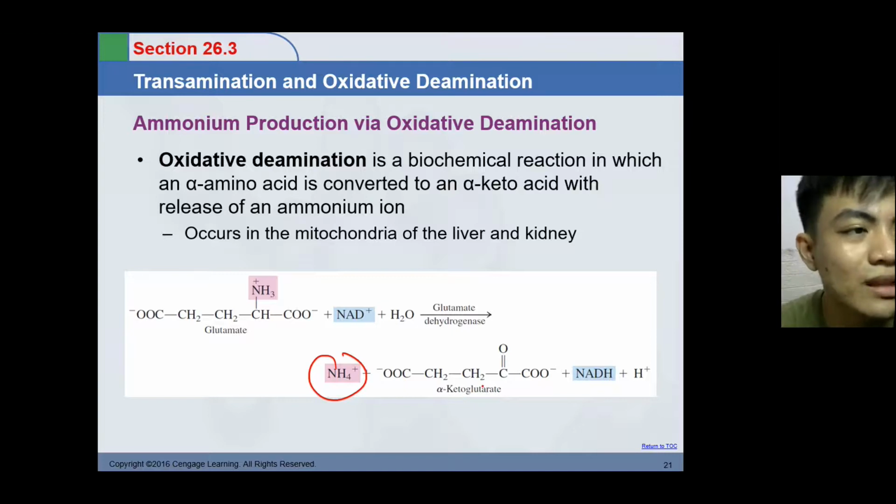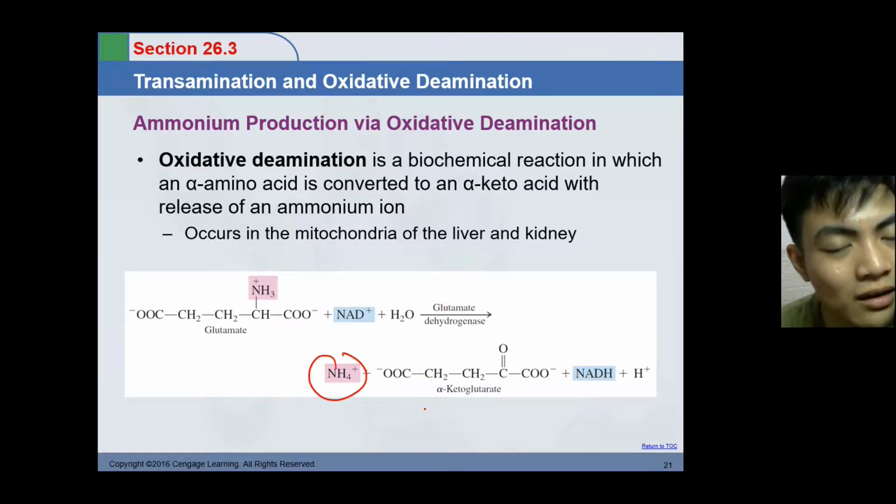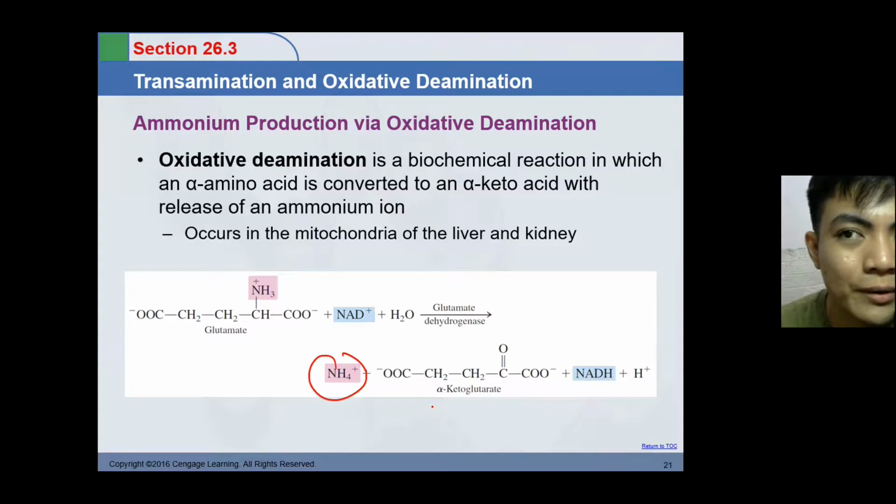Okay? So yun. So kumbaga, this is just a proof that your body is really smart in utilizing your molecules, no? Ang dami niyang pwede gawin na in a sense makakagawa siya ng final product pero at the same time nagpo-produce din siya ng energy producing products. So very smart.